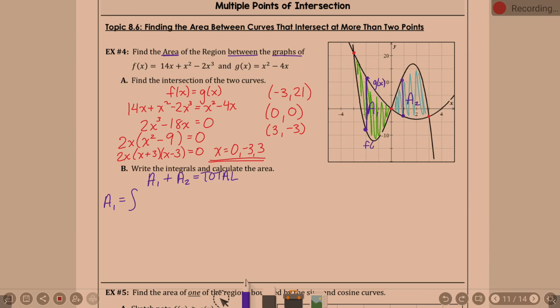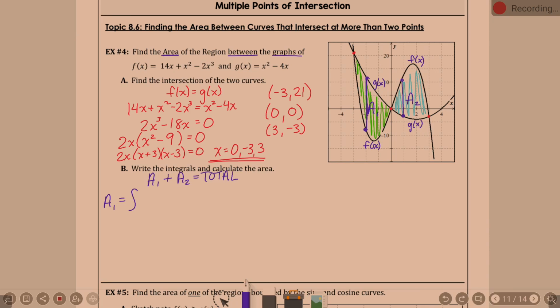What's going to happen over here in my blue one? It's going to be f of x minus g of x. Does that make sense? And so that's why I had to divide it into two pieces, because my upper and lower, when they crossed through at 0, 0, they flipped. Did I make some progress there? Sorry, guys. I was being confusing.